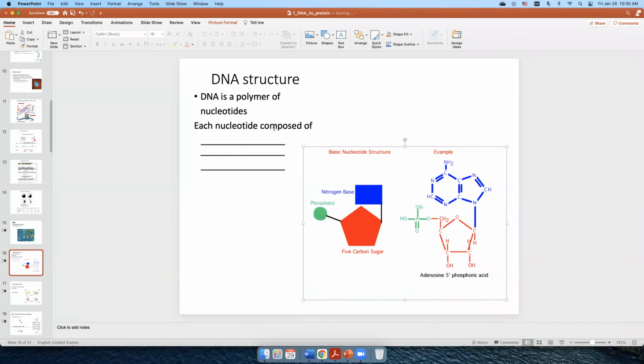Each nucleotide is composed of what? So here gives you the answer. It is composed of a nitrogen base, and then phosphate, and then sugar, which is a 5-carbon sugar. Does anyone know what's the difference between DNA and RNA?